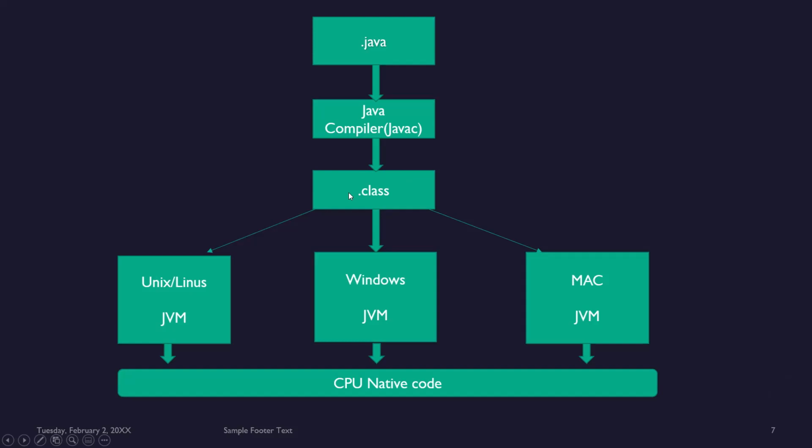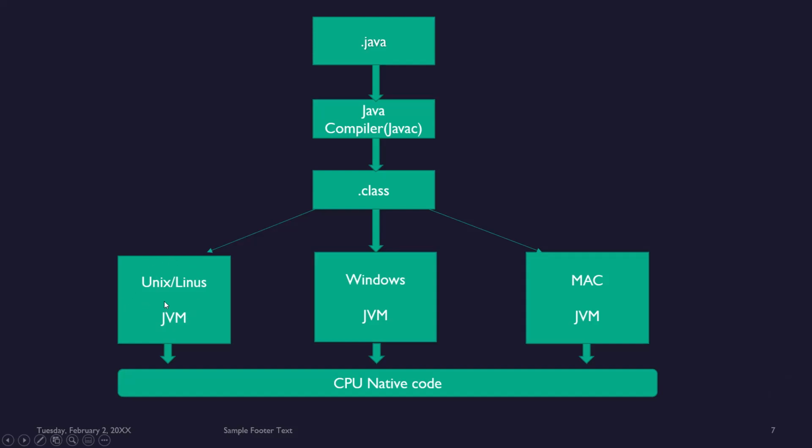This .class file contains bytecode, or you can say virtual code. Multiple names are there for that, but mainly we refer to it as bytecode. And this is the code that you can run on different platforms. Suppose there are systems like Unix, Linux, Windows, and Mac. You don't have to write your Java code differently for each operating system.